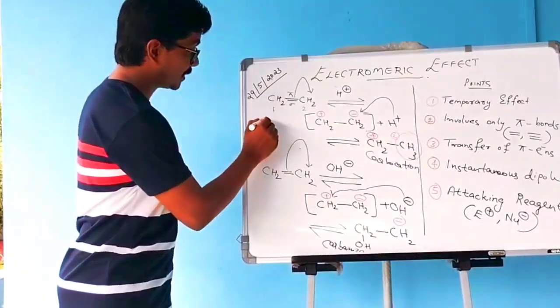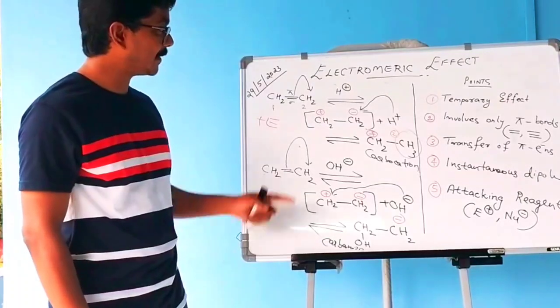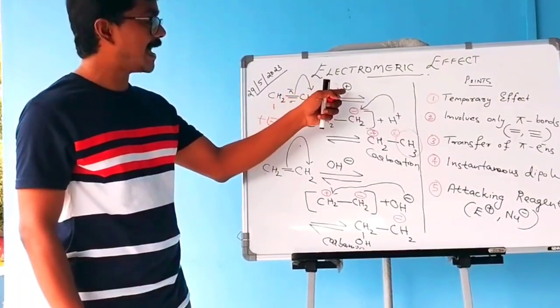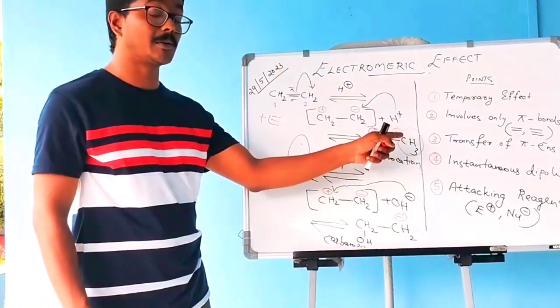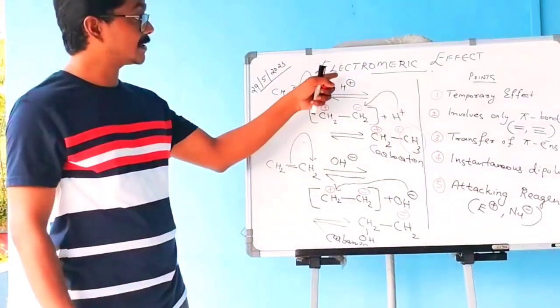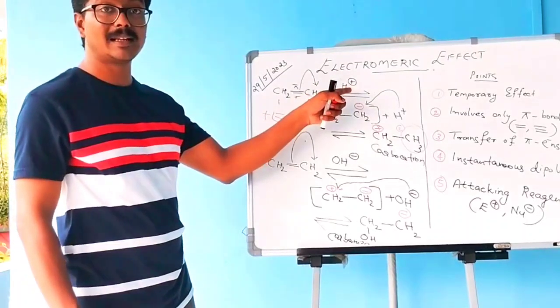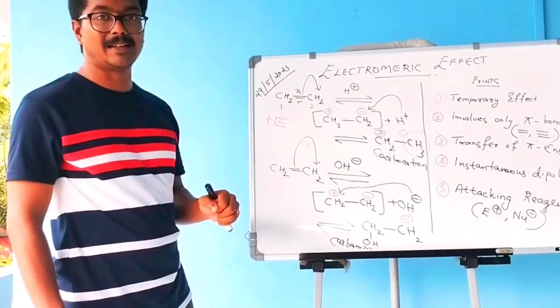This kind of effect is known as plus E effect. The pi electrons and the attacking reagent attach to the same site. The presence of an electrophile creates these kinds of plus E effects.